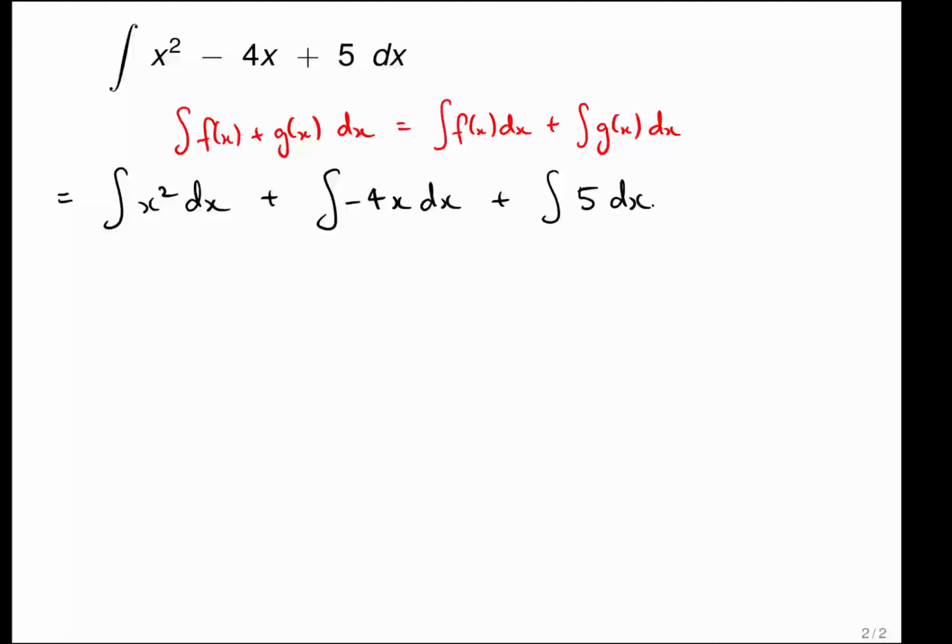Now, this middle integral can be simplified using another useful linearity principle. This principle effectively allows us to pluck the constant -4 to outside of the integral, which will give us the following.